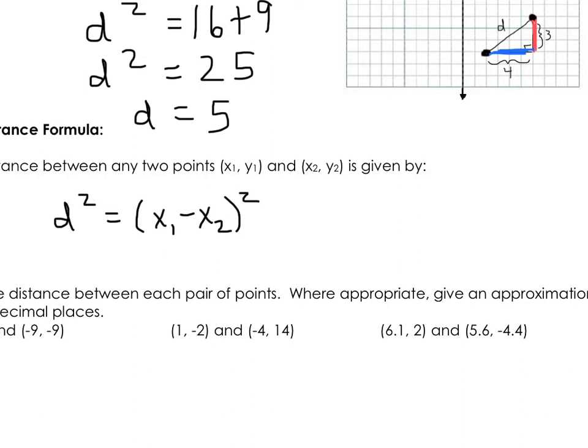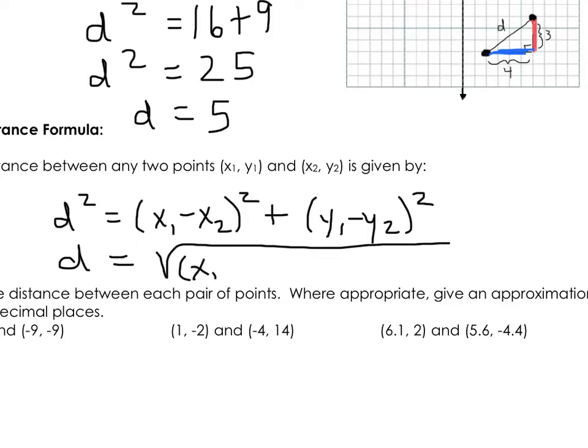And then you want to square it because the Pythagorean theorem says to square all the sides of the triangle. And then we need the red leg, the vertical leg. That's the difference between the y values, and we want to square it too. So our distance will be the square root of these values. And that's our equation for the distance between 2 points in the plane.